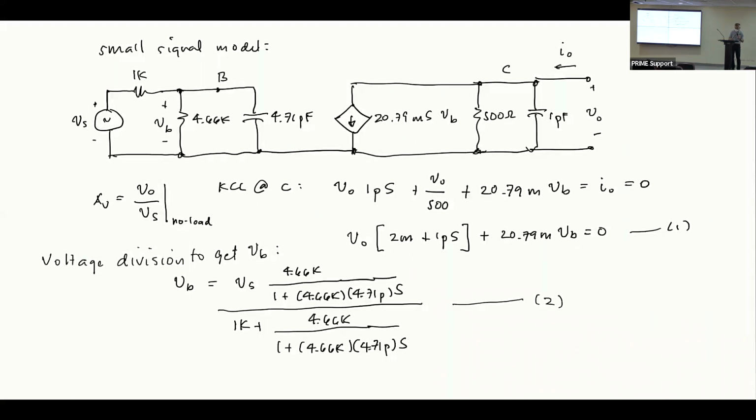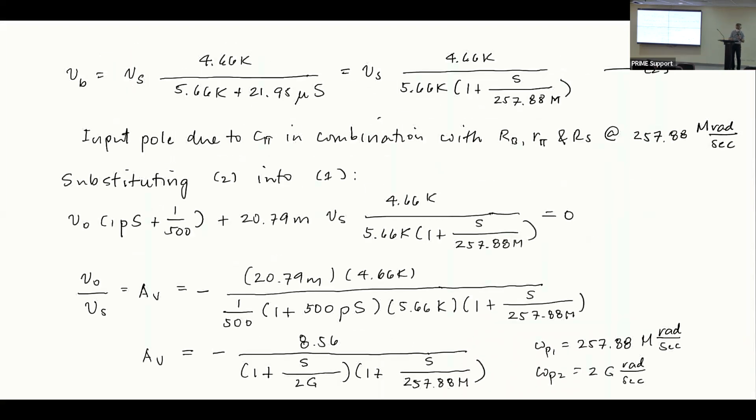And the pole frequency is given by this, which you can work out. That's CPi in parallel with RPi and RB in series with RS.